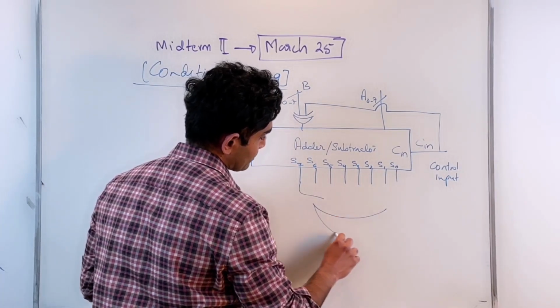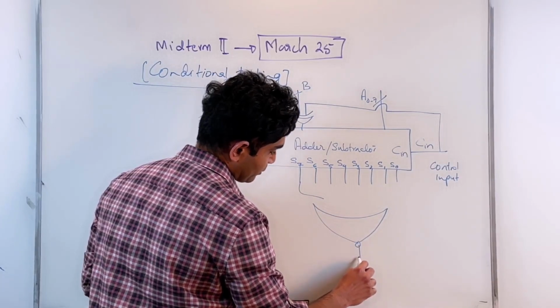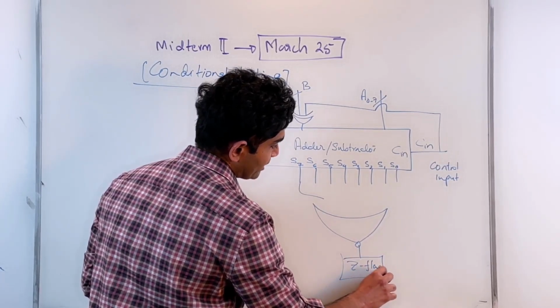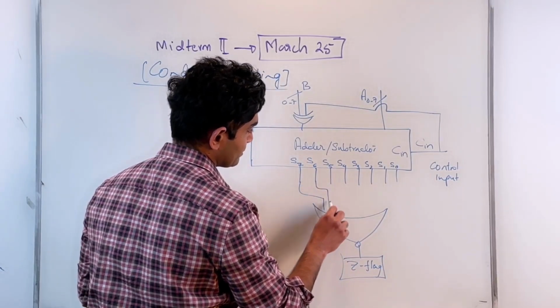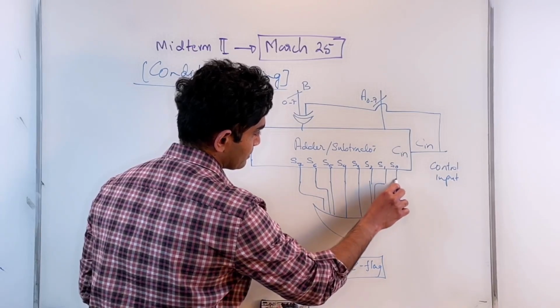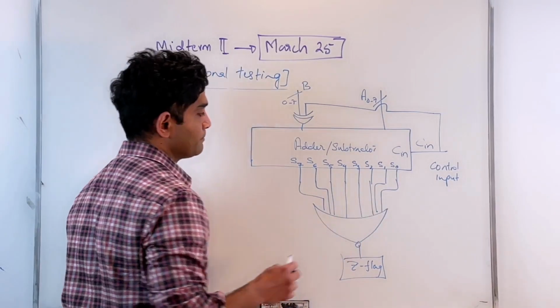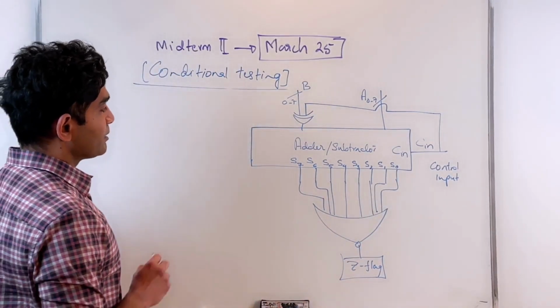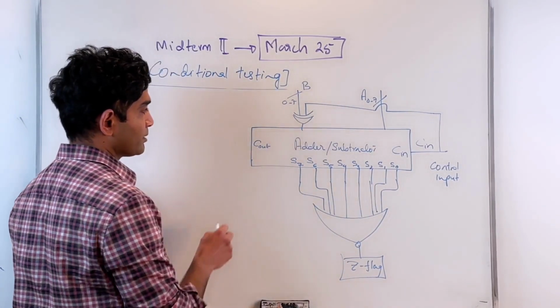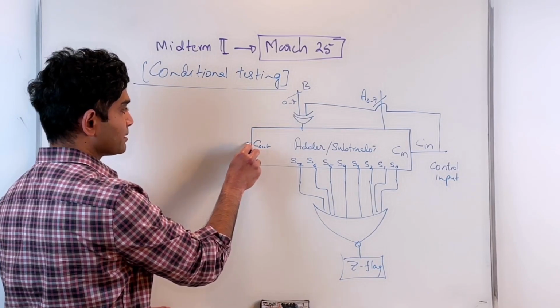And we get our 0 flag. That's your 0 flag, the output of this NOR gate. The C flag is the C out. So that's your C out, the carry out coming out of the adder.